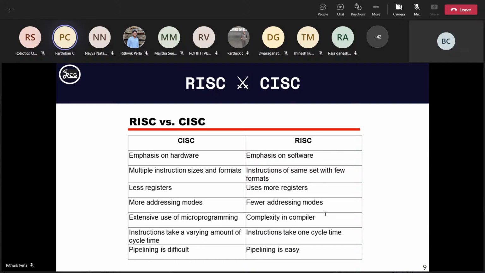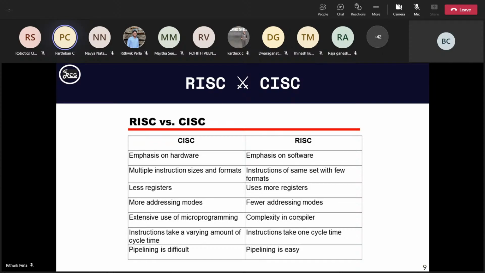Okay, CISC. The full form of CISC is Complex Instruction Set Computer Architecture. RISC is Reduced Instruction Set Computer Architecture. From the words complex and reduced, does anyone get the concept? It is very easy. Complex instructions and reduced instructions.